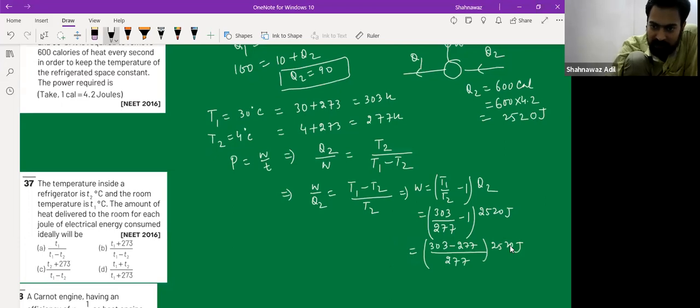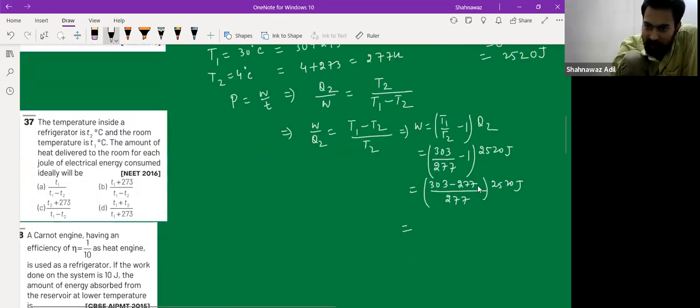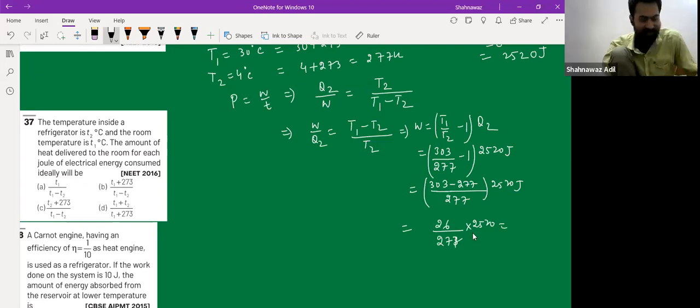So this would be 26 into 2520 divided by 277. Let me use the calculator. This is 236.53.